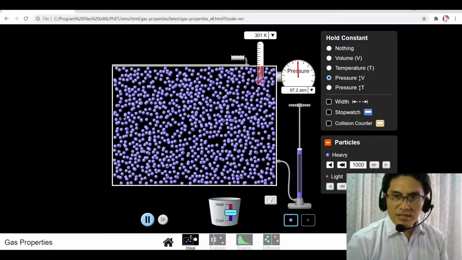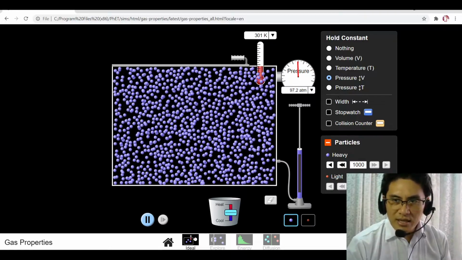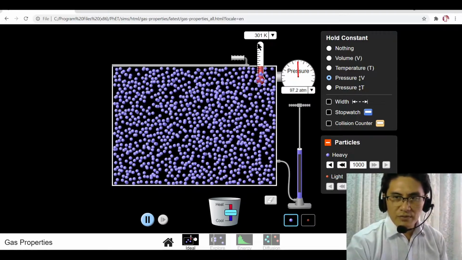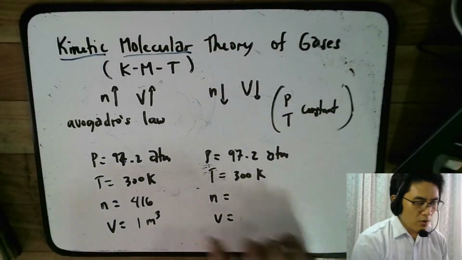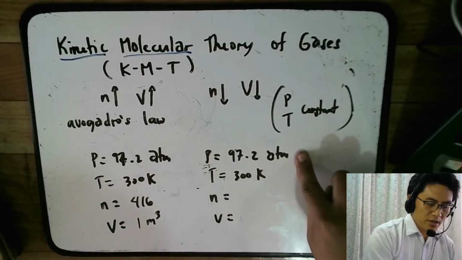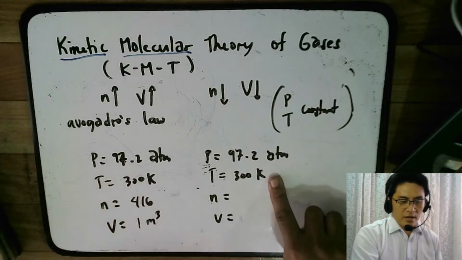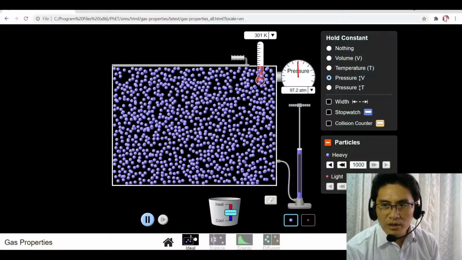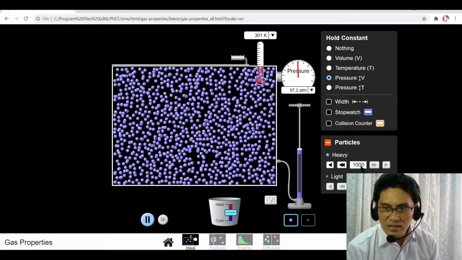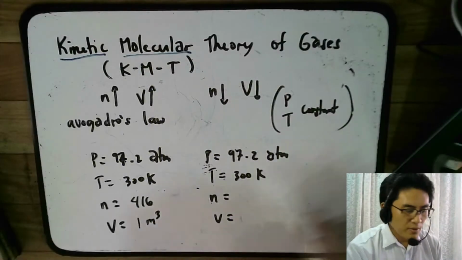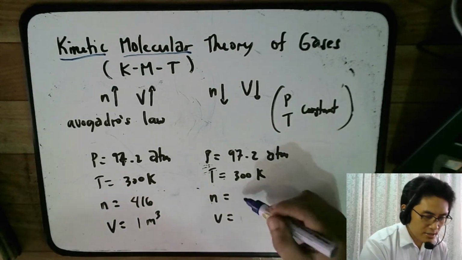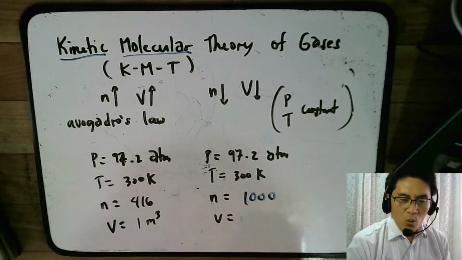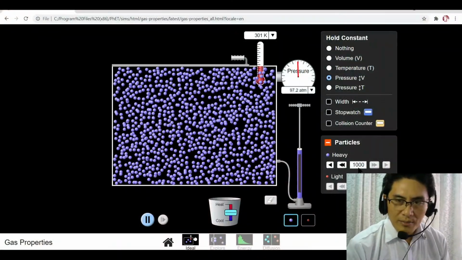Notice that now the pressure is 97.2, the temperature is 300 Kelvin, and the number of particles is now 1000. From 416, it's now 1000. You changed it, and now we can observe what happens to the volume.